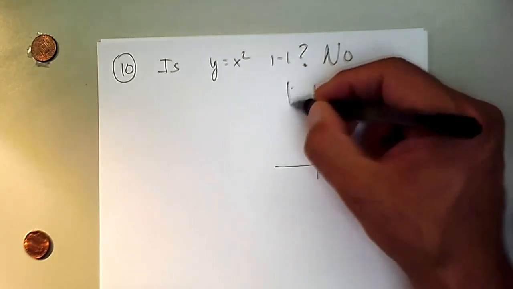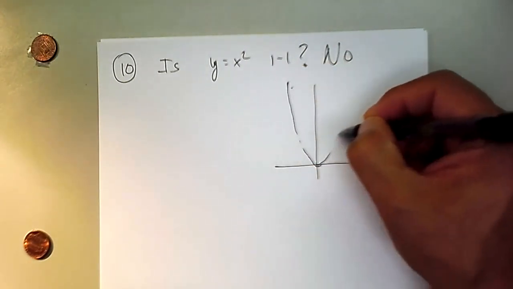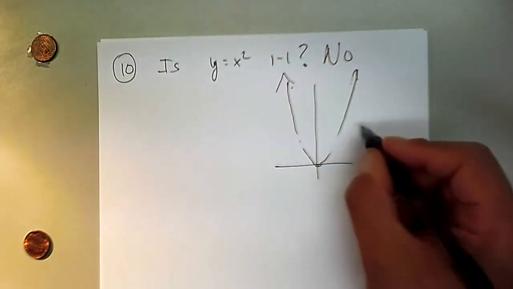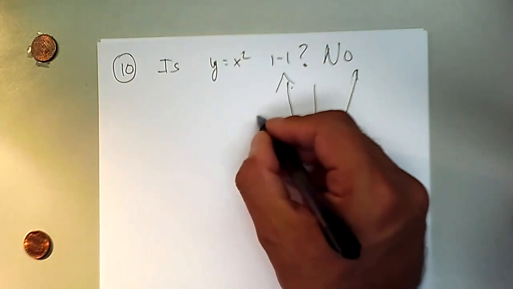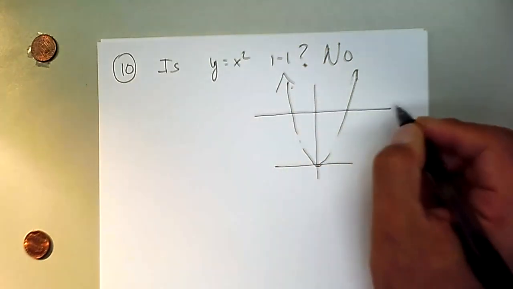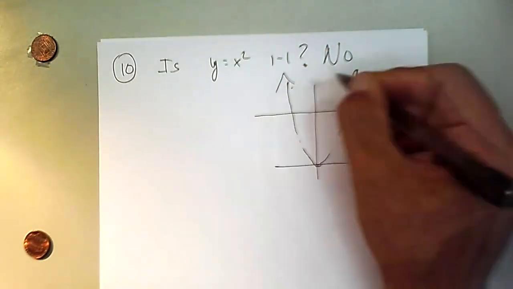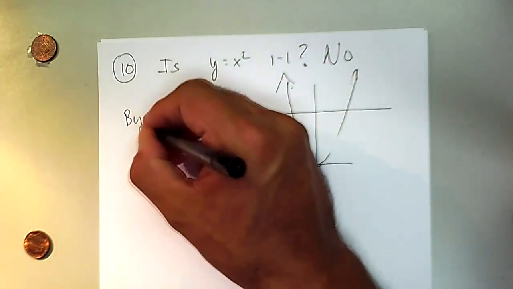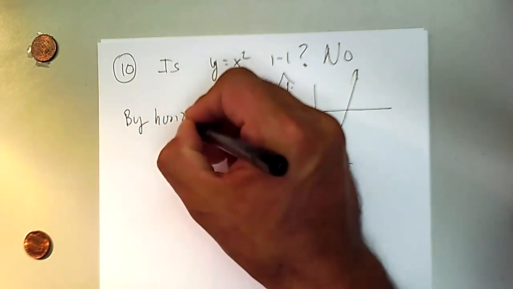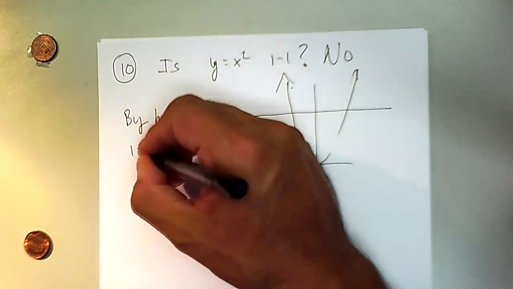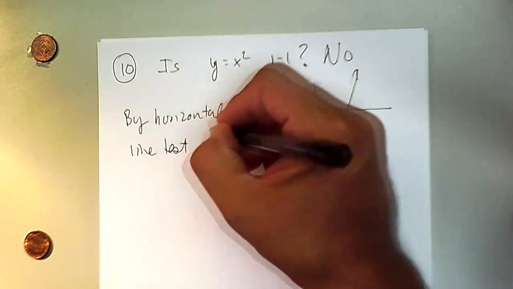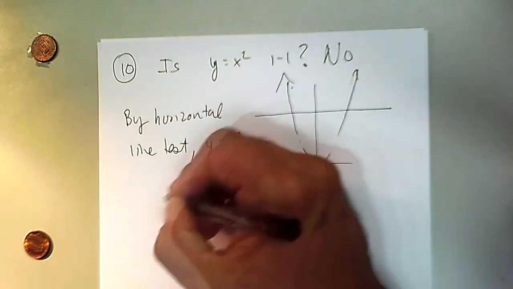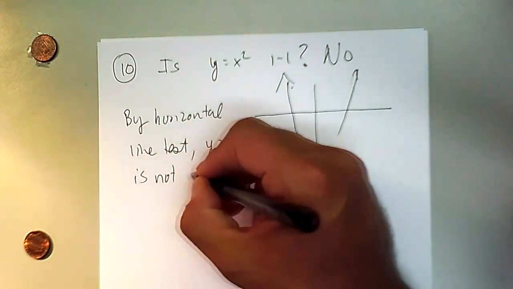Anyway, so this is a nice parabola. And it's not one-to-one because it fails the horizontal line test. And all you have to do is this. By horizontal line test, y equals x squared is not one-to-one.